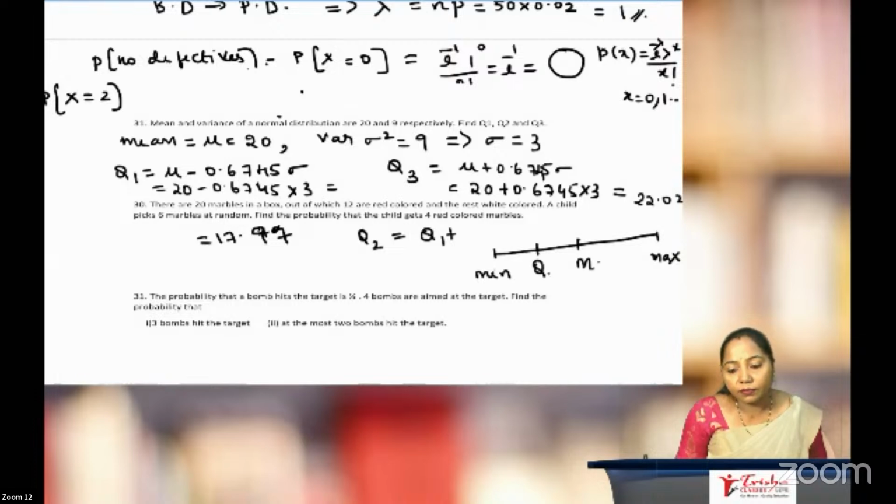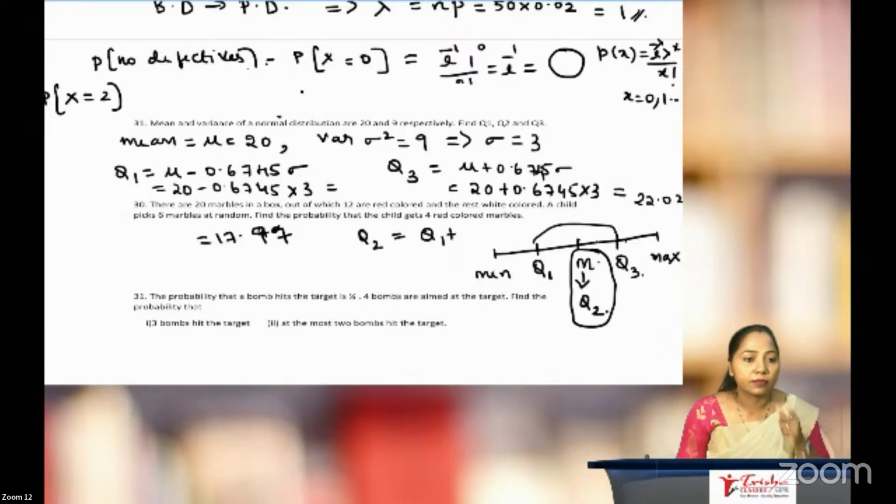Then we have the first quartile Q1 and the third quartile Q3. So the median is nothing but the second quartile. How to find the median based on the quartiles? It is Q1 plus Q3 by 2, the average of the upper and the lower quartile. So what is Q2, the median?